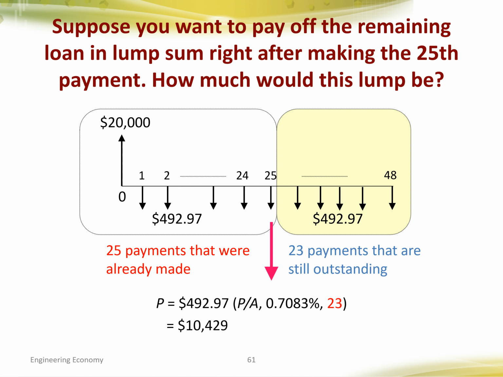So it's relatively straightforward, because we have A. Given A, we want to find P, and we know the monthly interest rate, and from the 48th month until the 25th month, we have 23 periods.